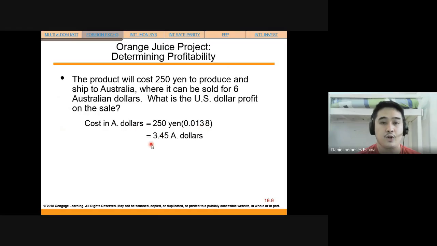So you have a cost of 3.45 Australian dollars. Now the question is the dollar profit. But we have to get first the profit by deducting the cost from the sales. So 6 minus 3.45, the total Australian dollar profit is 2.55. The last step would be to convert this Australian dollar to US dollar.